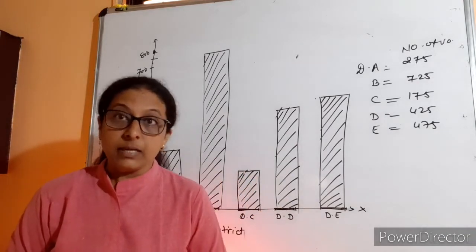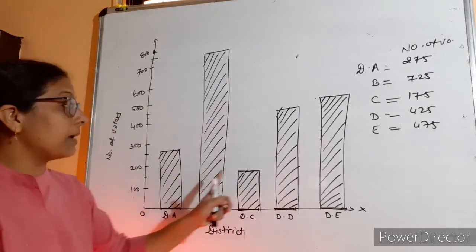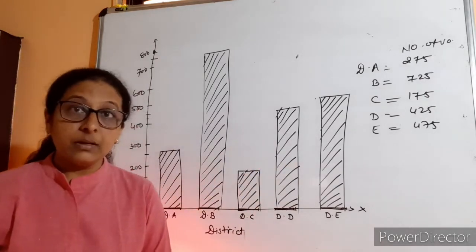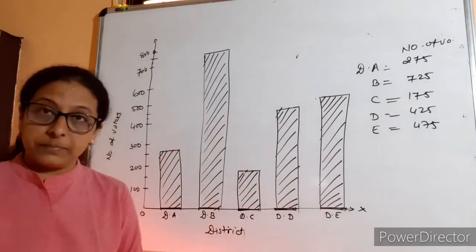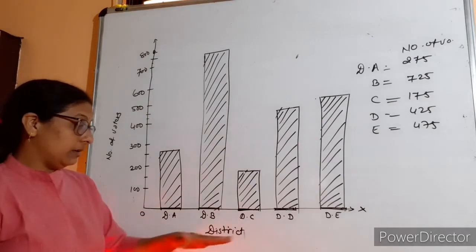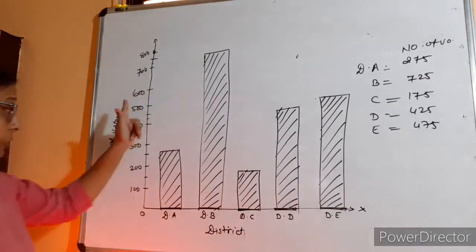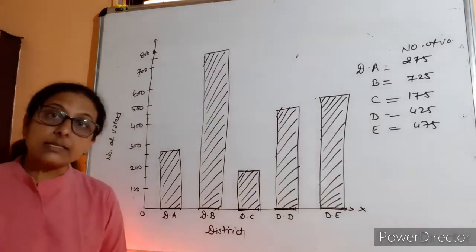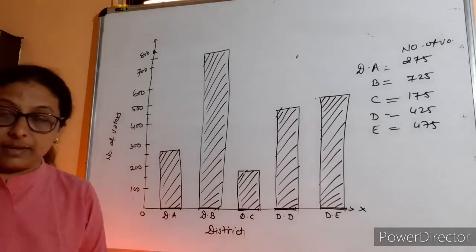First of all, distance between the graph, that is distance between the different bar, is identical. You can do with this shaded area for represent your bar. And another thing is that when you take the name of the district on the x-axis, numerical data on the y-axis is a vertical bar graph is there.